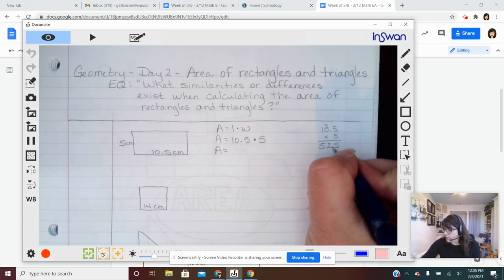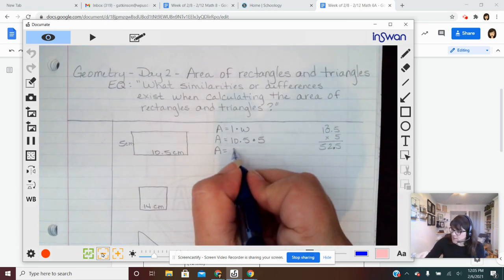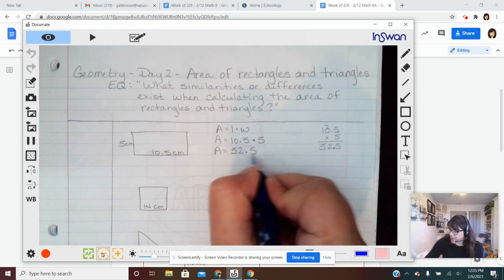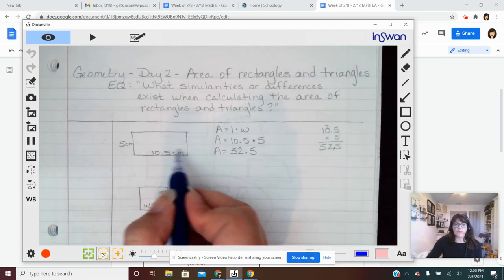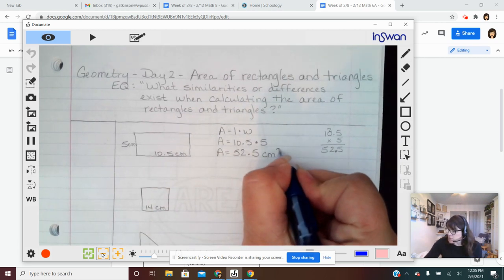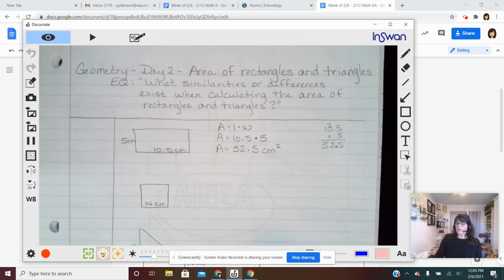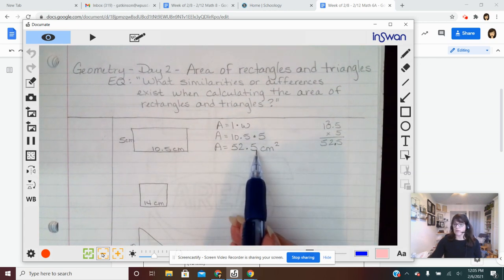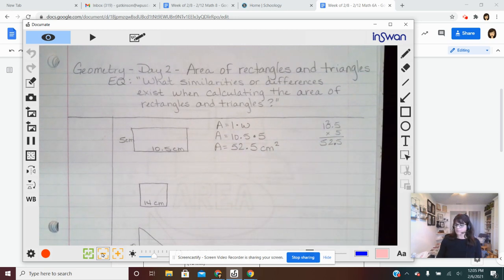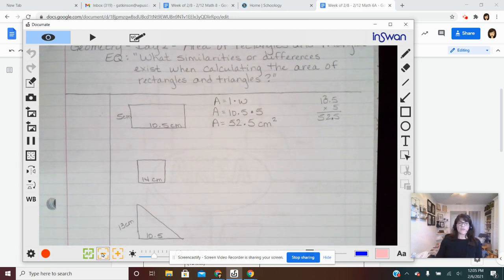Okay. So this says that my area is 52.5. This is measured in centimeters. So centimeters squared. Remember, that label is part of the answer. So 52.5 centimeters squared. Now here we have a square.